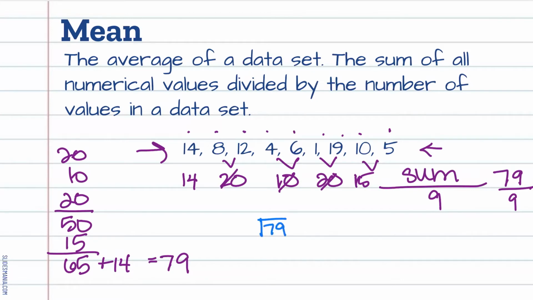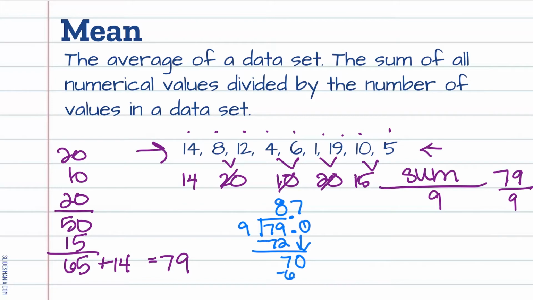So 79 divided by 9. 9 does not go into 7. And I can fit 8 groups of 9 into 79. So I take away my 72, and I'm left with 7. So I'm going to add my decimal point, and then a 0, and bring it down. 9 fits into 70 7 times.